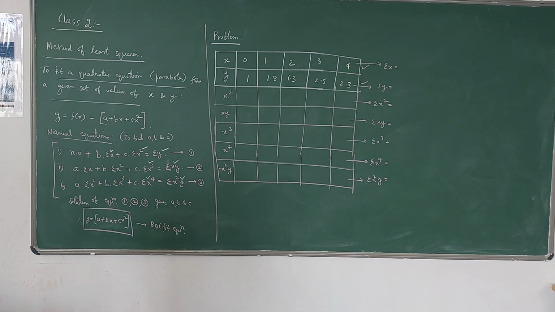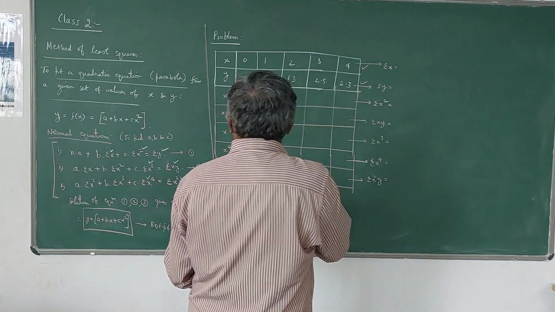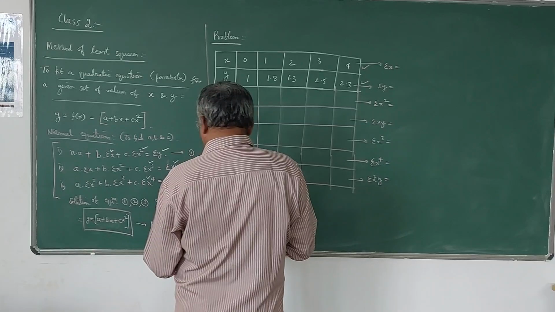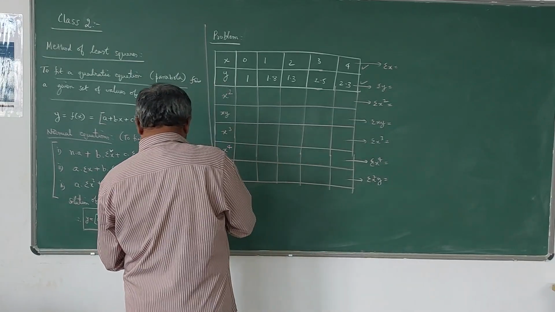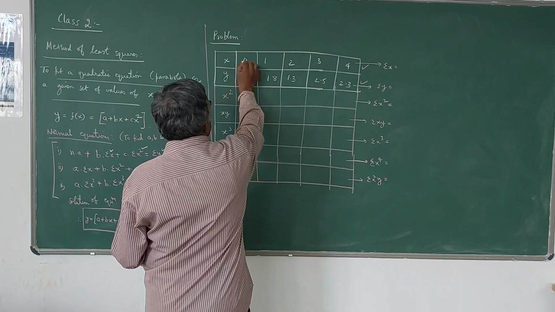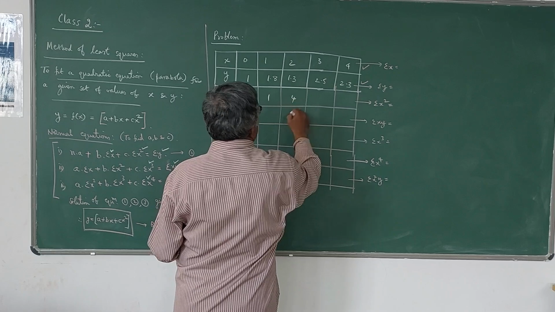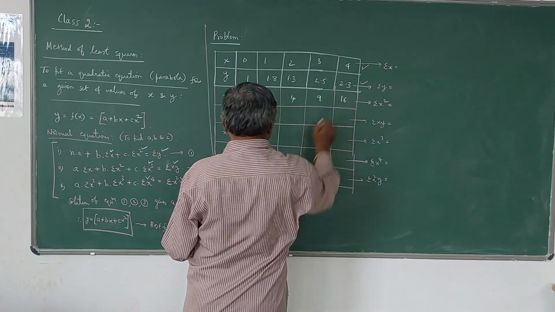So now to do all those things, let me write the values. Please check the values. This x square will be 0, 1, 4, so 0 square is 0, 1 square is 1, 2 square is 4, this is 9, this is 16.